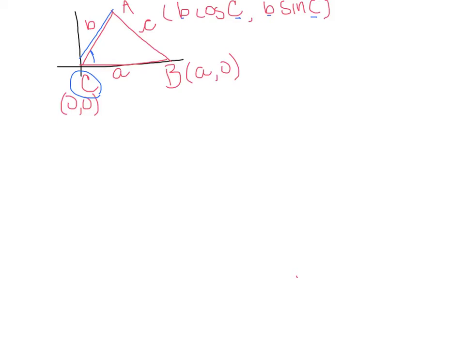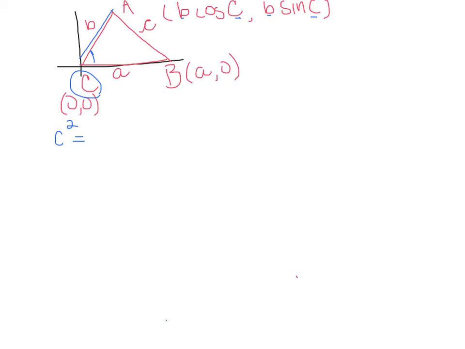Now we're going to apply the distance formula to side C, which would be line segment AB. So that gives us C squared is equal to, now here, remember we're looking for the distance between A and B, so it'll be x1 minus x2.